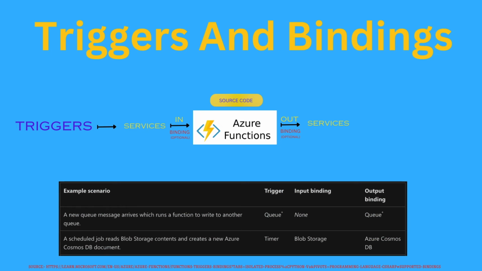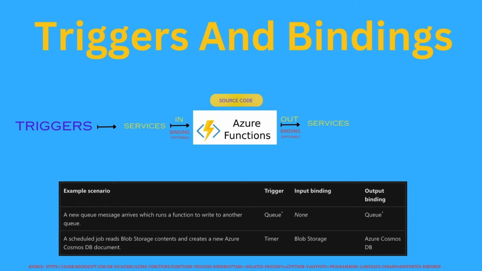So I want my function to run whenever a message arrives on a particular topic. I have no input bindings, which means I'm not taking any input as parameters to this function. I just want to process data. And as an output, I wish to write the processed data to another queue on another topic.